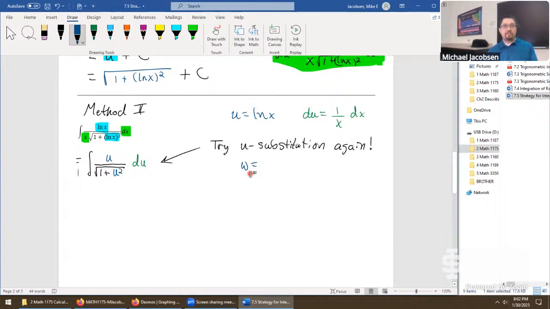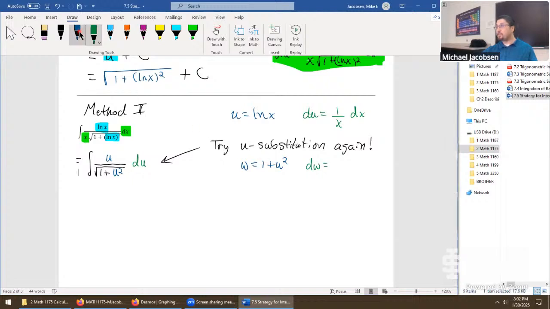However, my question for the class is, what should w be this time? 1 plus u squared? I'd say that's a good call because the differential naturally involves that u right above. So 1 plus u squared for w. That means dw, that's the differential, giving us a dw on the left.